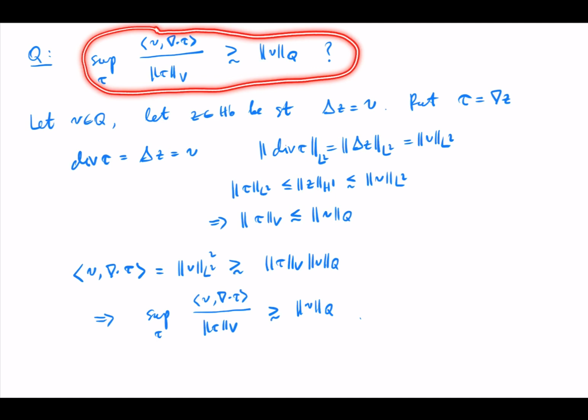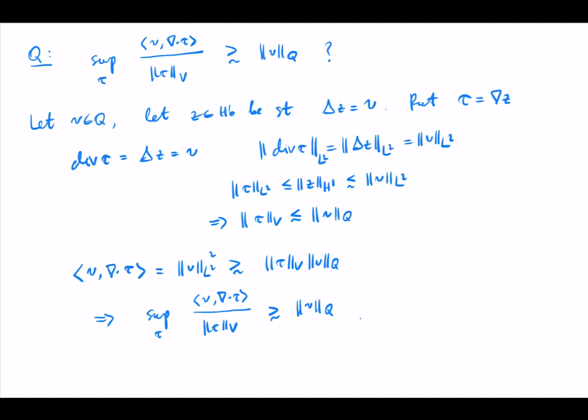It's exactly the same as the Stokes problem. The meaning of this is, given V, we need to construct tau that has some nice properties like this.